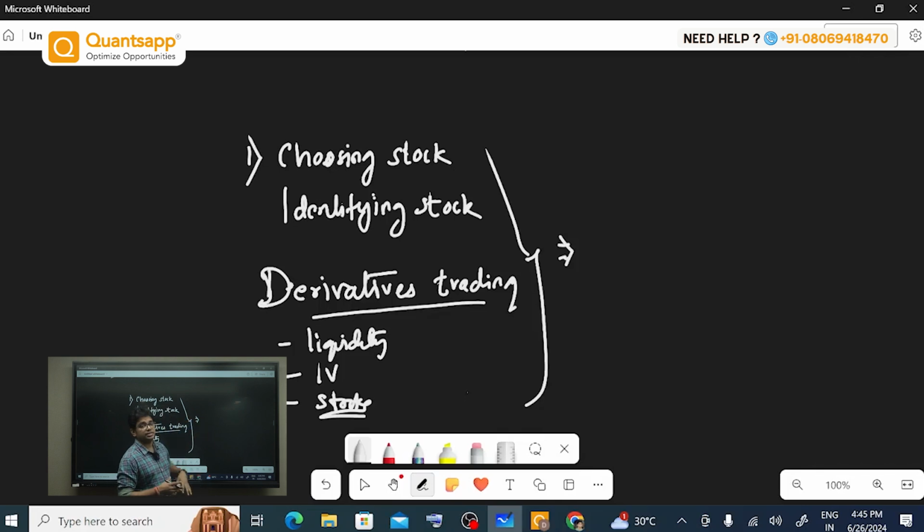If as an experienced trader I am sticking to only 5 limited stocks, and those 5 haven't given any movement, then I will be in losses. So choosing and identifying stocks is the same problem for the experienced trader also.